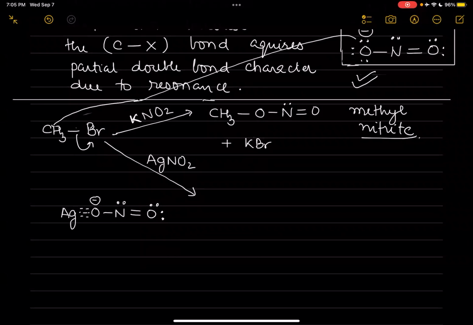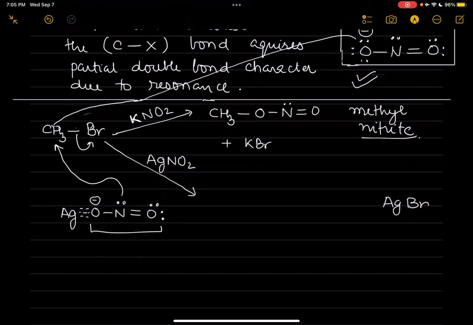So can Ag attack or no? Ag plus will get precipitated as AgBr finally, so Ag will not attack. Out of these, there is one other atom, that is nitrogen.